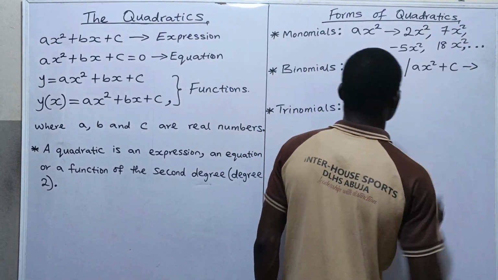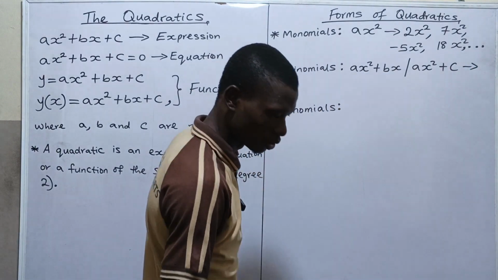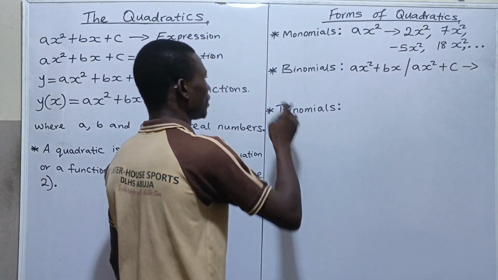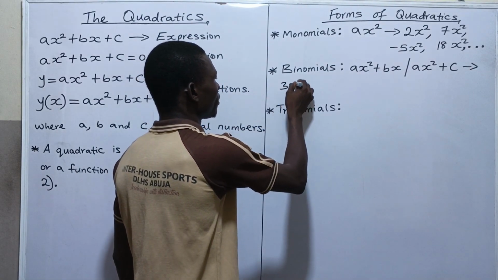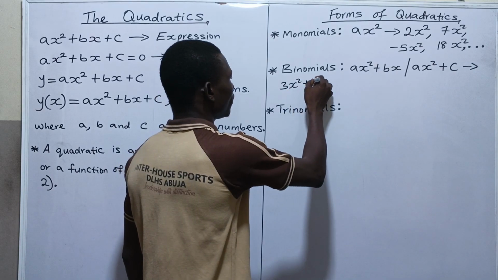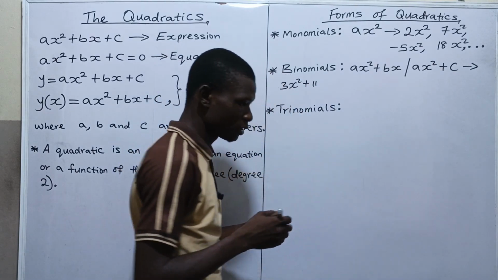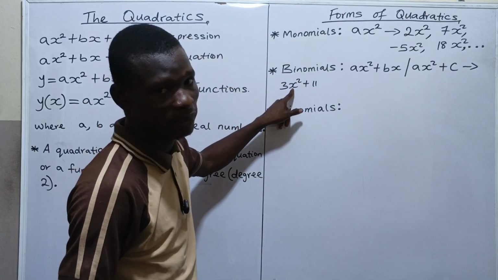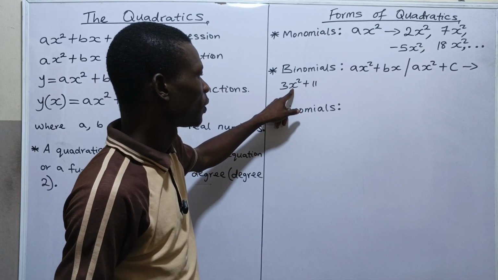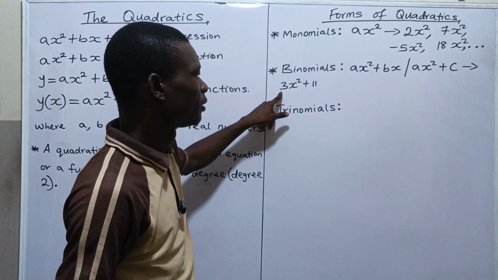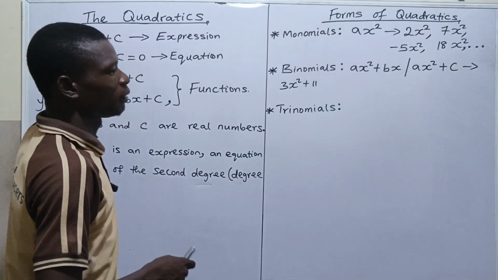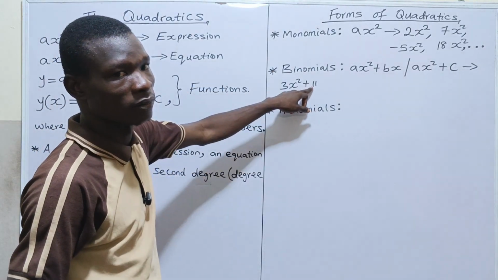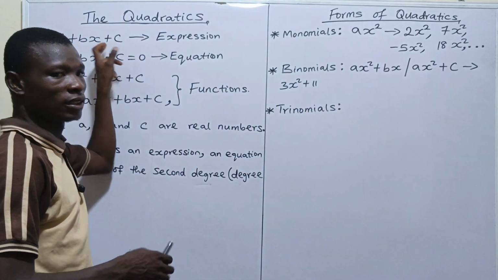And these expressions or these equations or this function can appear in this format. Let's say 3x squared plus 11. In this case, the variable is still x squared. The coefficient of x squared is 3. That is representing a here. And the constant is 11, representing c here.